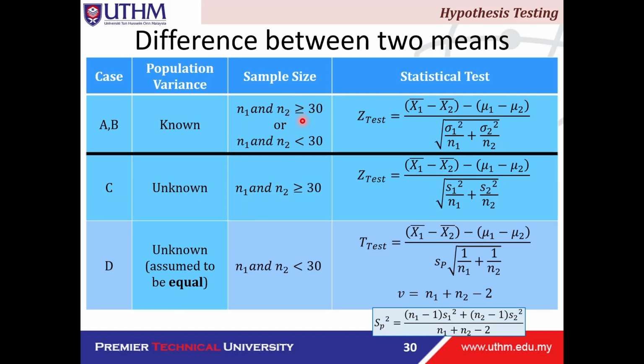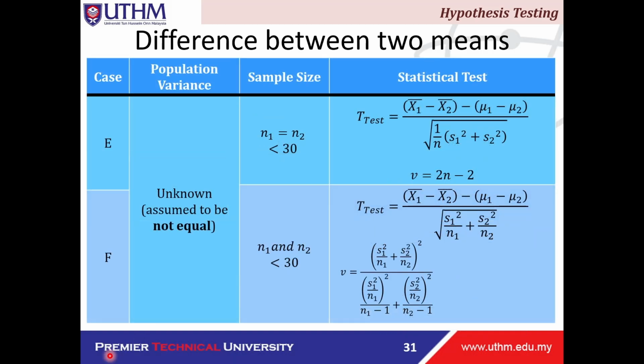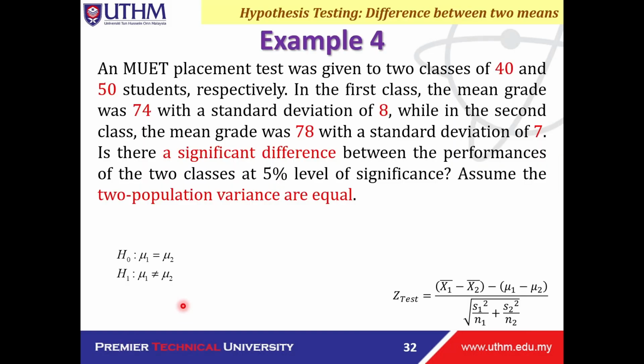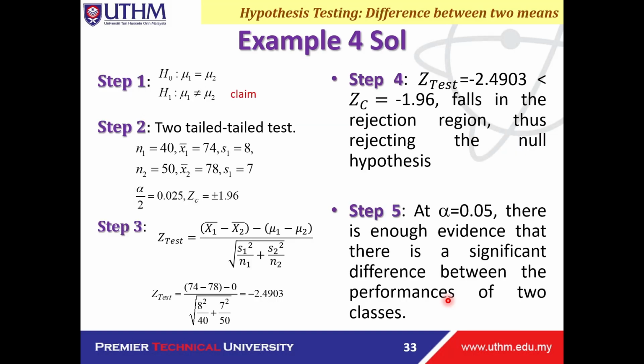The population variance is unknown, so it's case C. If you assume equal variances with both sample sizes less than 30, you would use a different formula, but here both sample sizes are greater than 30, sigma squared is unknown, and they are equal, so we use case C. Then you put out all the information.